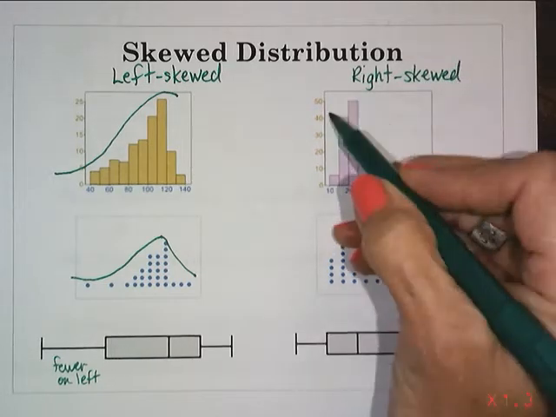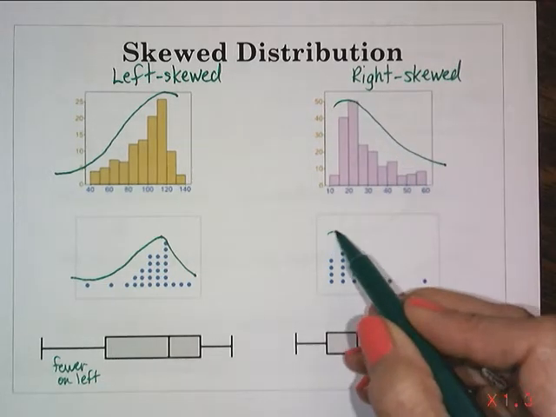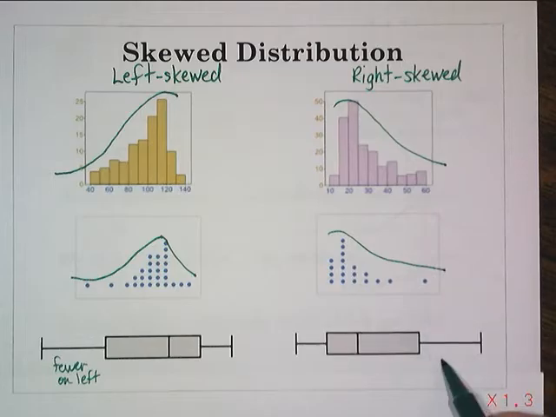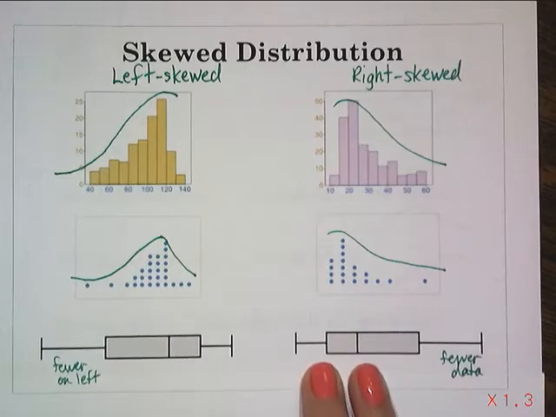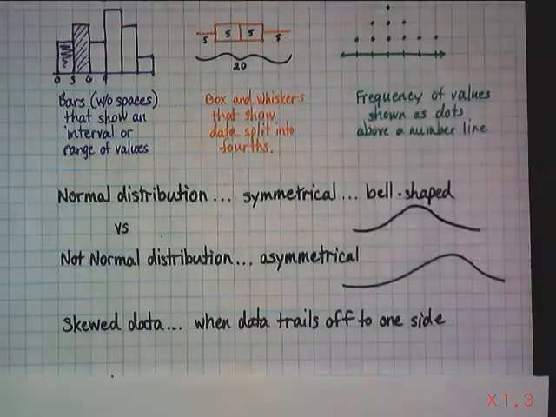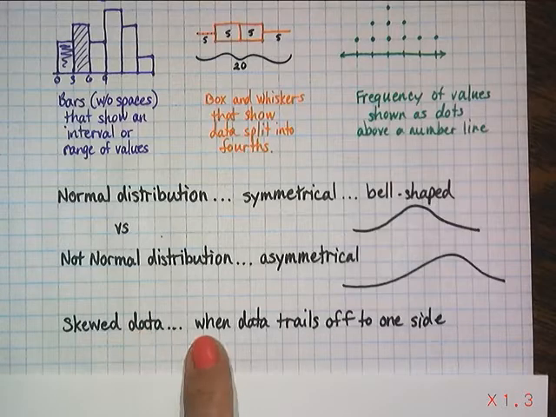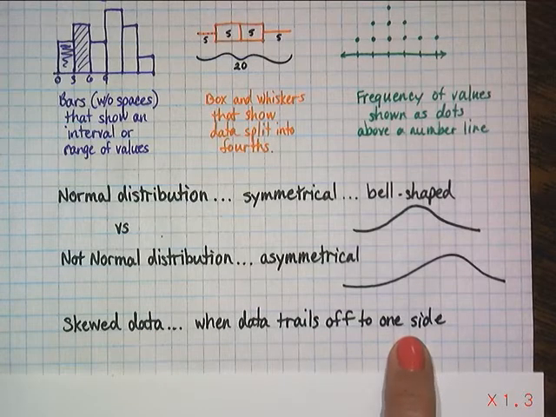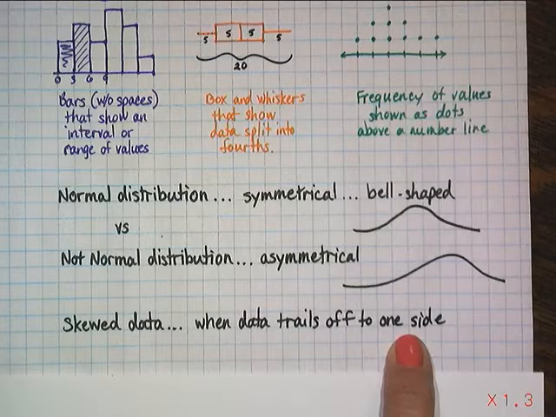The data trails off to the right. We have fewer pieces of data on the right than on the left side. That is with reference to skewness, or when we say skewed data. So I wrote down here, when data trails off to one side or the other, you have to pay attention. Wherever the tail is, that's the side we'll say it is skewed towards.